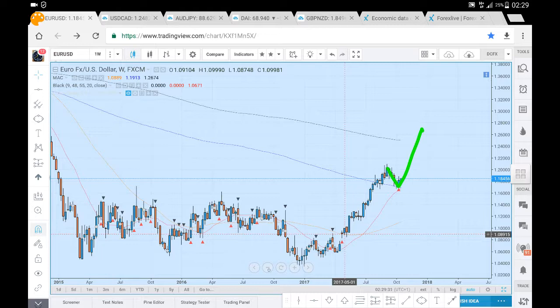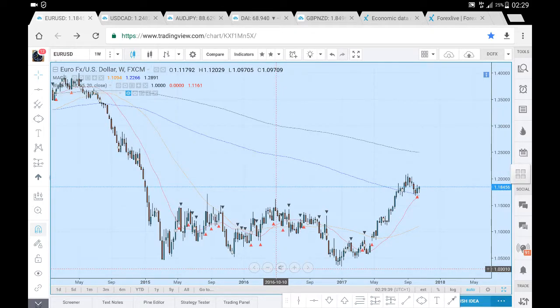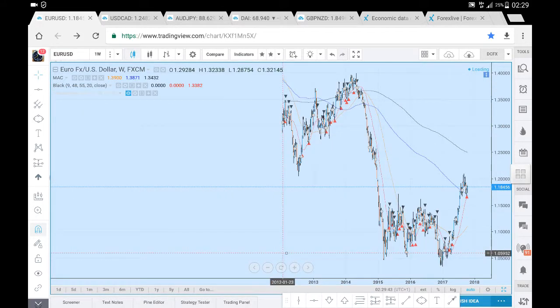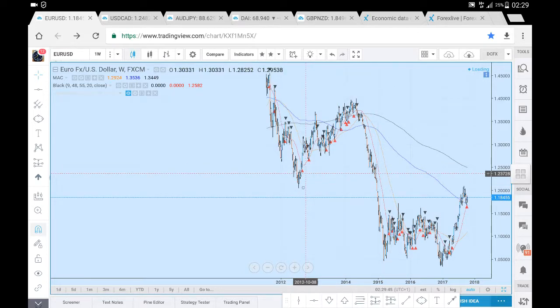Let's just zoom out a bit on these. Let's just see. Nope, I'm going to have to close that off and zoom out a bit to see. We've got a potential area here where we did see some selling on the weekly chart.